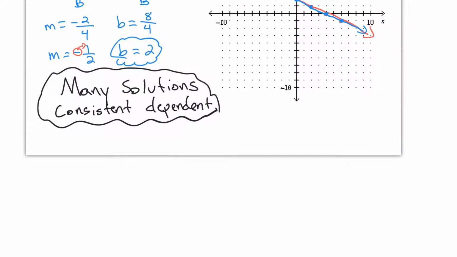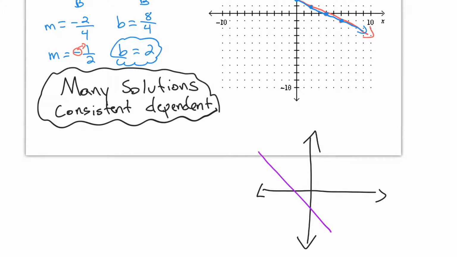But let's say I'm going to make a coordinate plane here. And I'm just going to make two random parallel lines. So let's say that we have one going this way and the other one going this way. If the two lines are parallel, that means that they never touch, they never intersect. We say we have no solution. Now remember, you have to find the slope, you have to find the y-intercept. So if they're parallel, it is no solution.